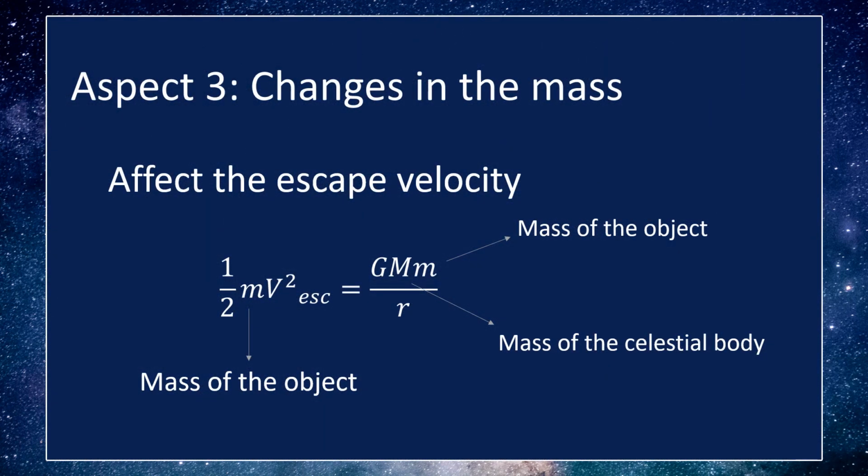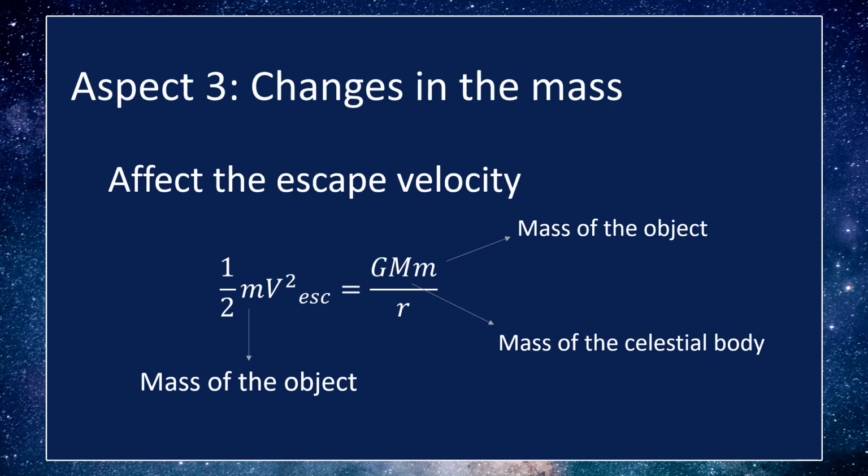I will be talking about aspect 3, changes in mass. So will the changes in mass affect the escape velocity? We need to know that how we find the escape velocity is actually by the conservation of energy, which is the kinetic energy equal to the gravitational potential energy.